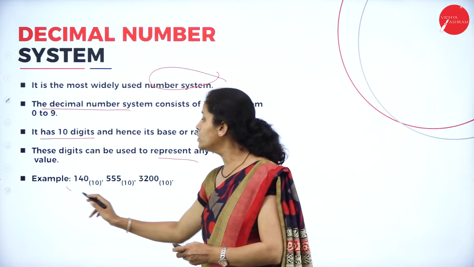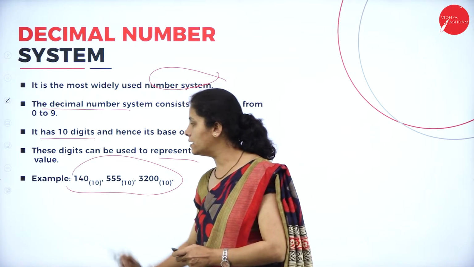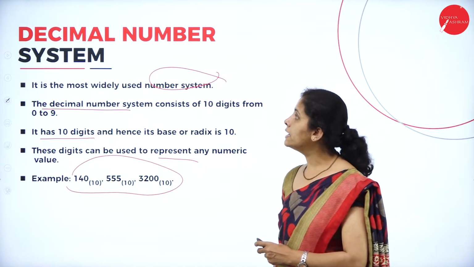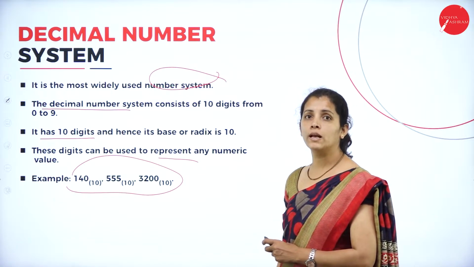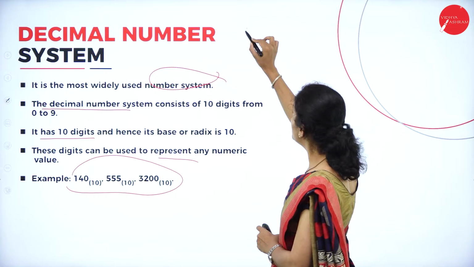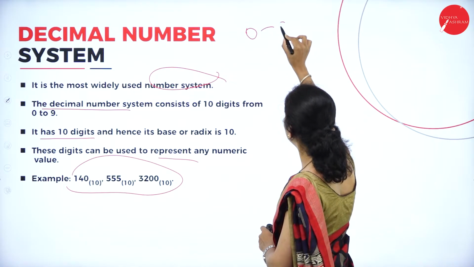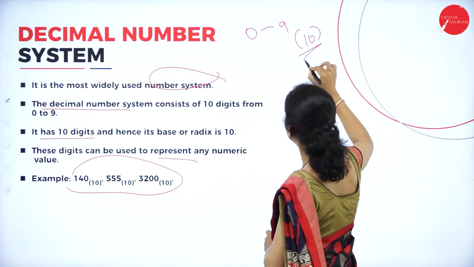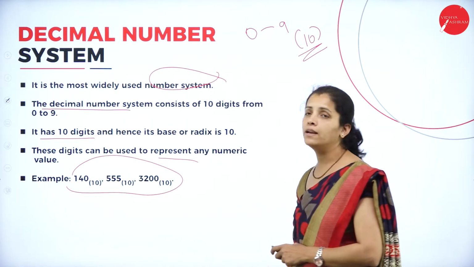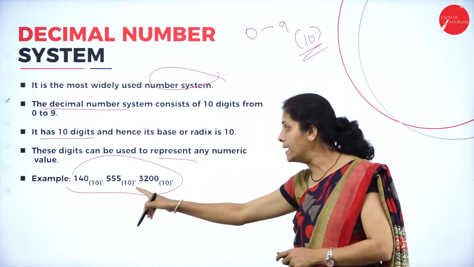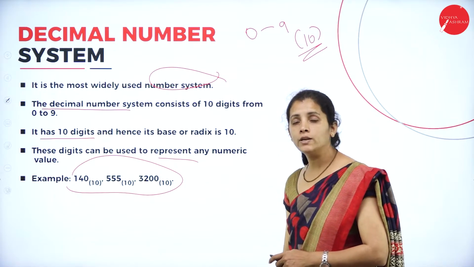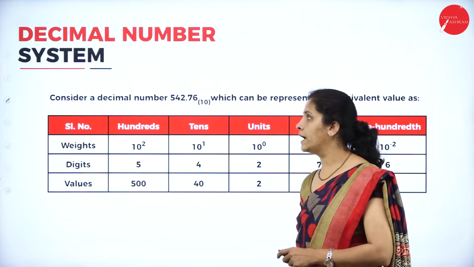And I'm going to have the example here. So dear student, please remember that in the decimal number system, to represent numbers, I can consider 0 to 9, and I want to write the base, that is 10. So here I have 140 base 10, 555 base 10, 3200 base 10.